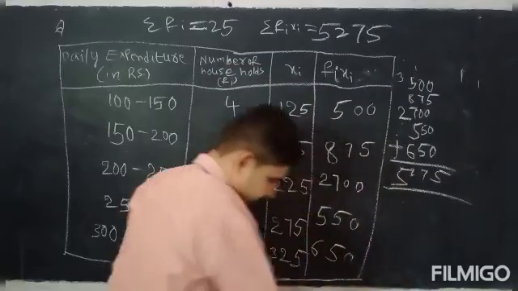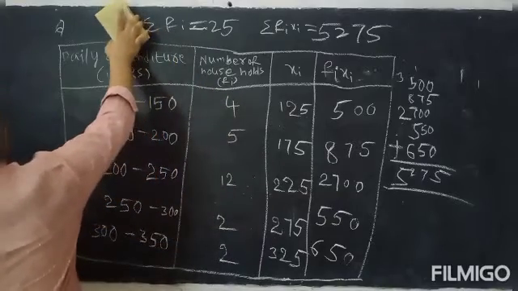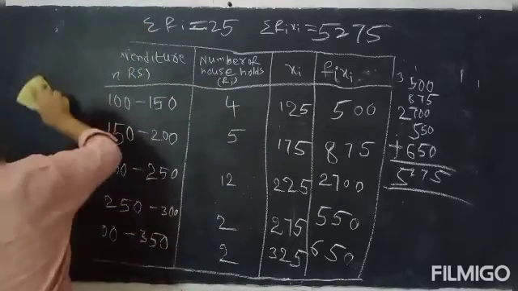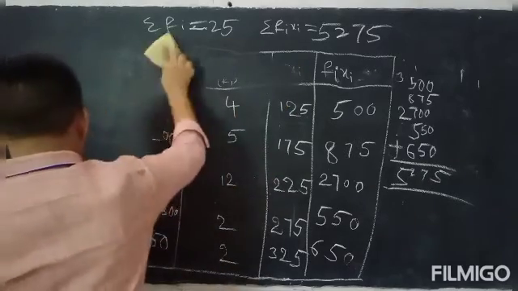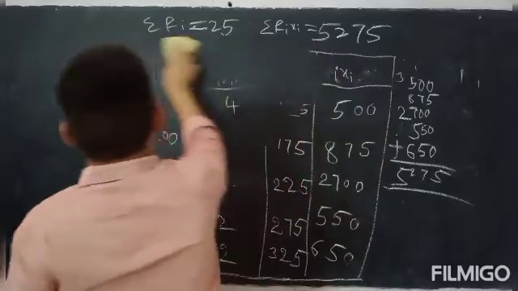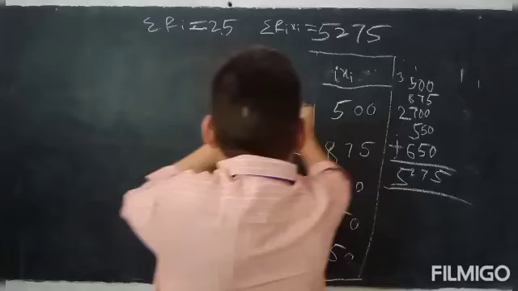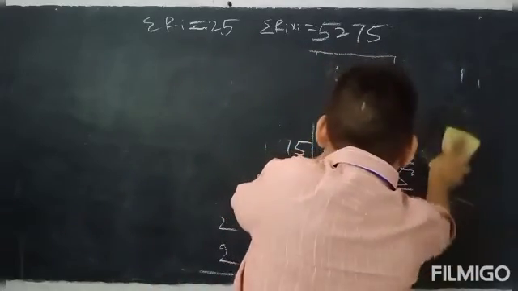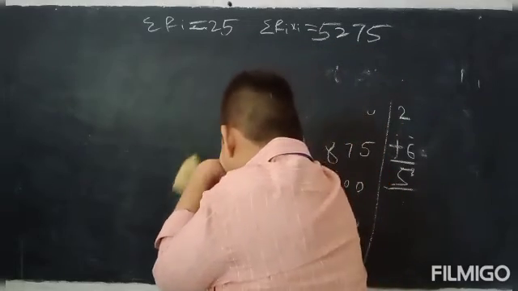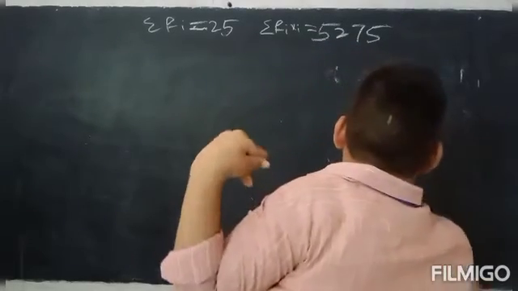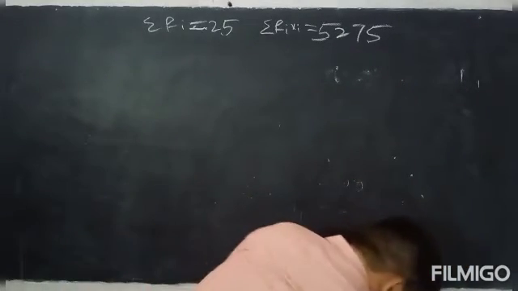Now we got the sigma fi value and the sigma fx value. We have to calculate the mean by using the direct method. Using the direct method, what is the formula?